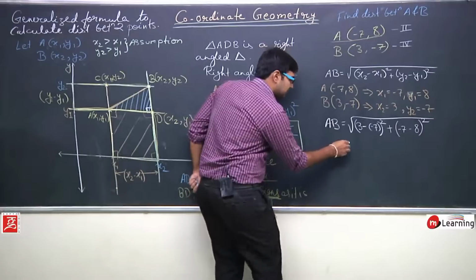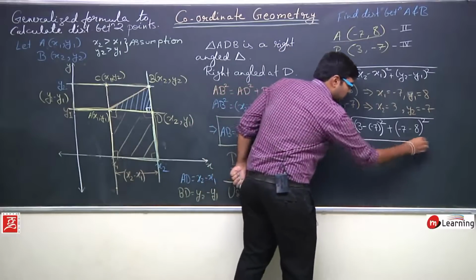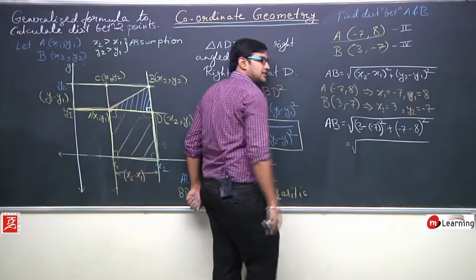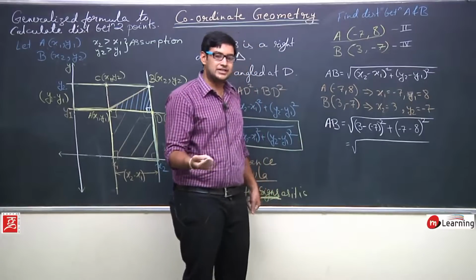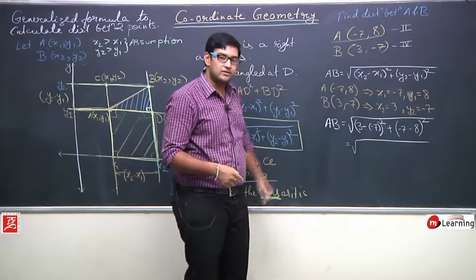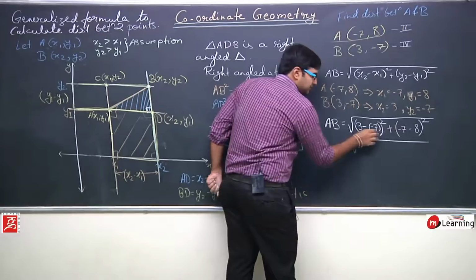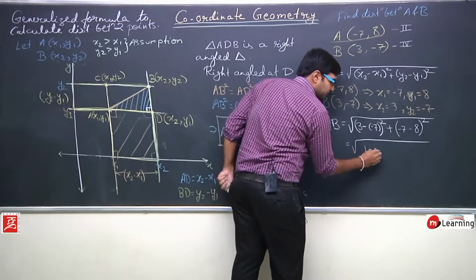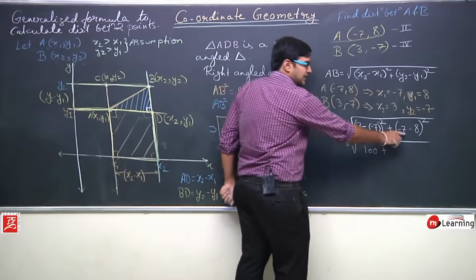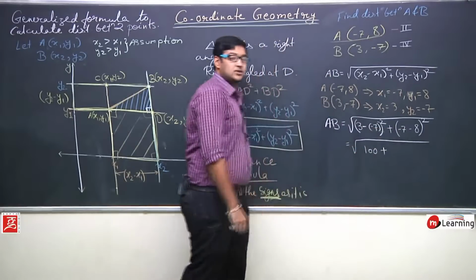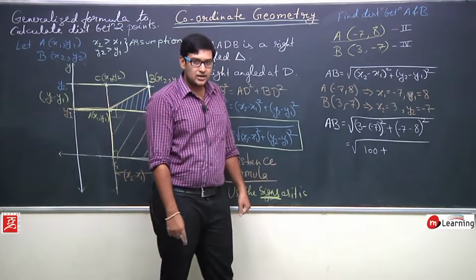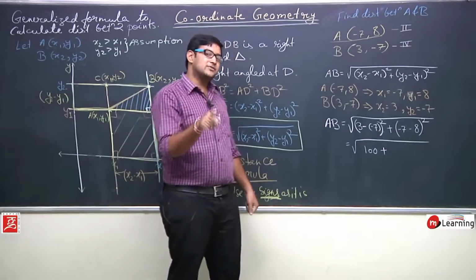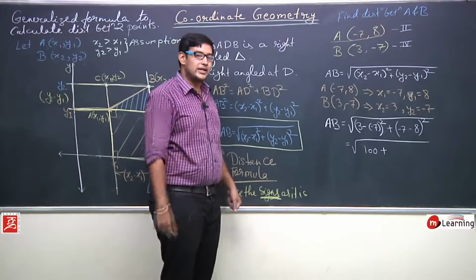Now, further simplifying this, the square root of this is 3 minus of -7. Minus of -7 means +7, and 3 plus 7 is 10. So the square of 10 will give you 100. So in place of this I can write 100 plus this is -7 minus 8. So -7 -8 will give you -15, and the square of -15 will be 225.